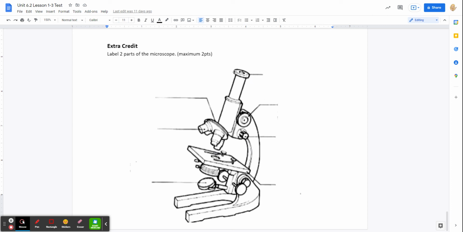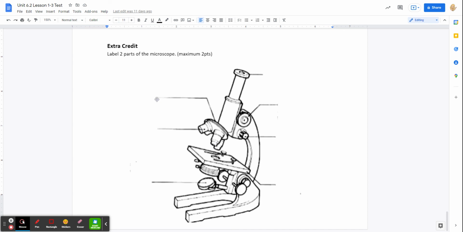This one is pointing towards the top where you look through. This next one is a big knob. This one is a small knob. This one down here is pointing towards this big square piece. This one is pointing towards this thing down here. This one is pointing towards things that magnify.